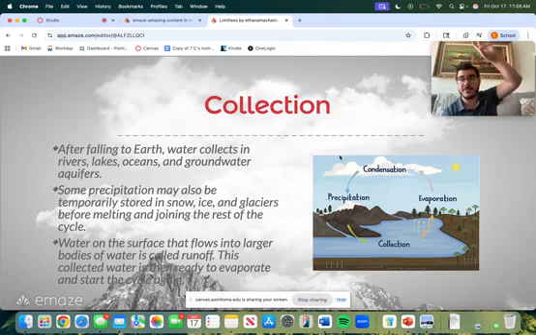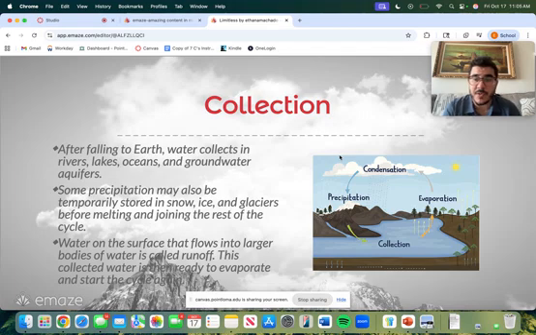Now, once our clouds formed, there was a process of precipitation where it got too heavy for the air and it released water, it released hail, it released any of those four types that you just wrote, and then it released it back down towards the ground, into our collection area. So again, into our rivers, our lakes, and our oceans.